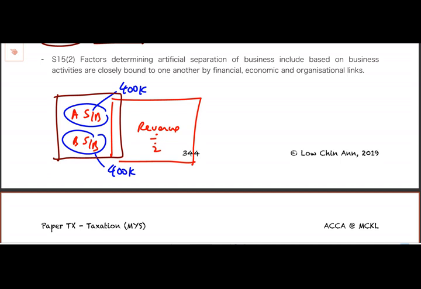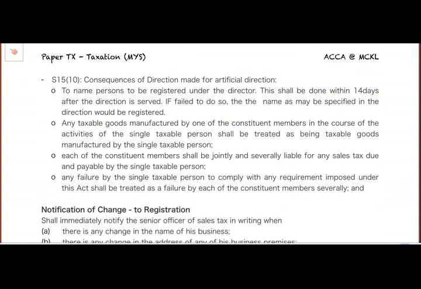You got to put a name. So normally you have to name the person to be registered. You have a choice to do it. But if you don't do it within 14 days when the direction is served, then it's okay. The name that appears on that notice will be used. That's what the law says, okay?